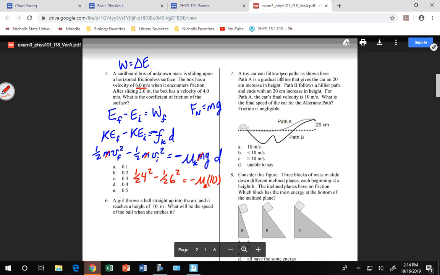And then d is 2 meters. 16, or half is 8, minus 18. Is that right? Shoot, I don't know. So it's 1/2.